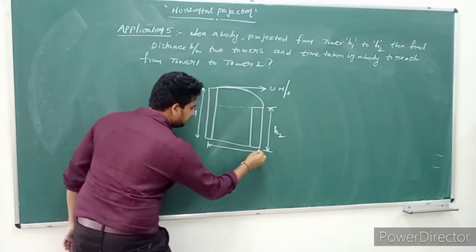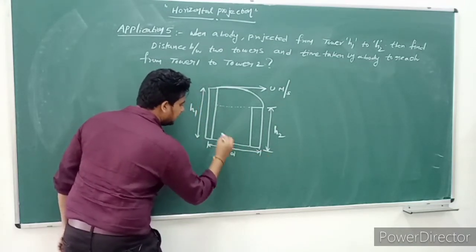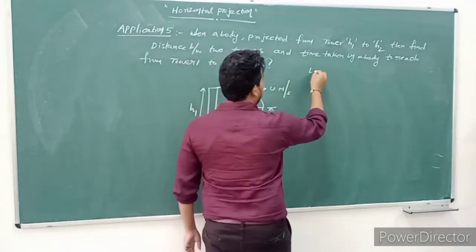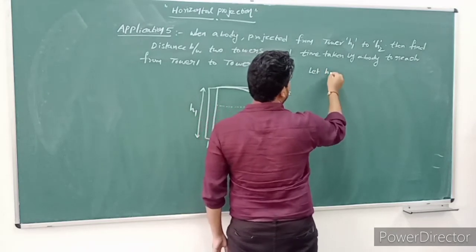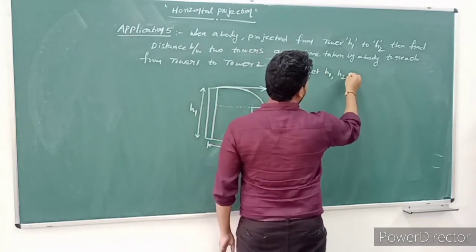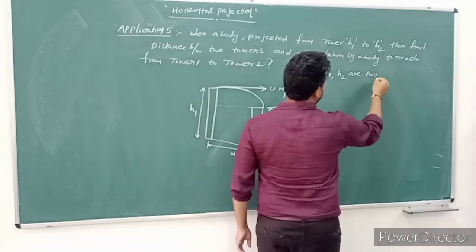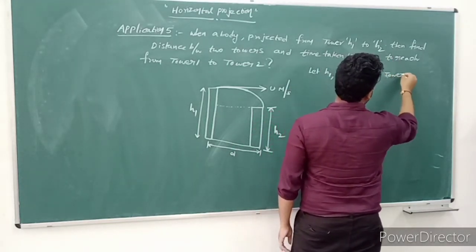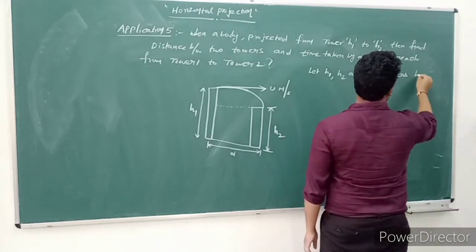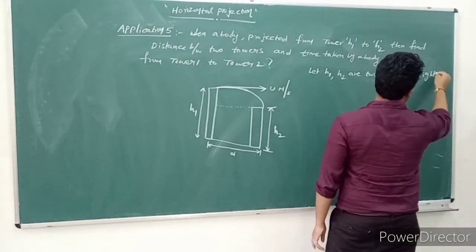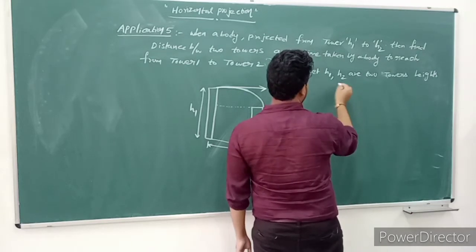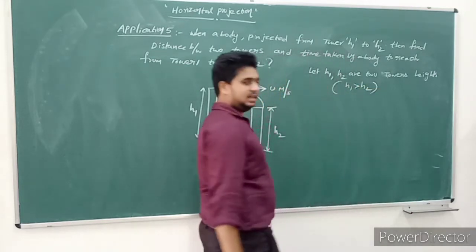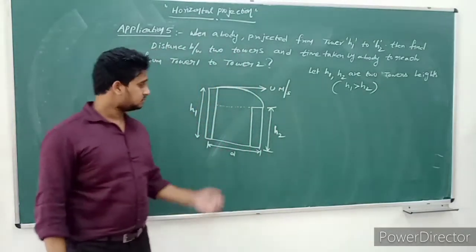Let H1, H2 be the two towers' heights. Here H1 must be greater than H2.